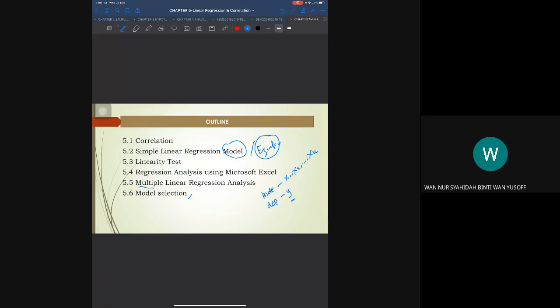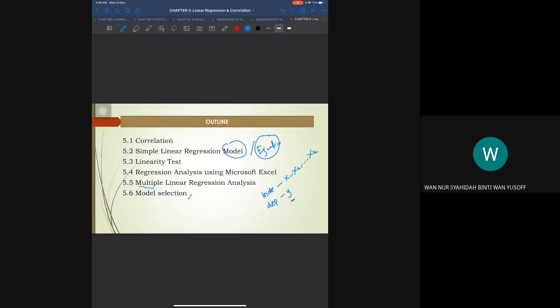For simple linear regression, almost all the values we can do by manual calculation, and sometimes you are given output from Microsoft Excel. When you have the output, you should be able to read it. For each value given, what does it mean?